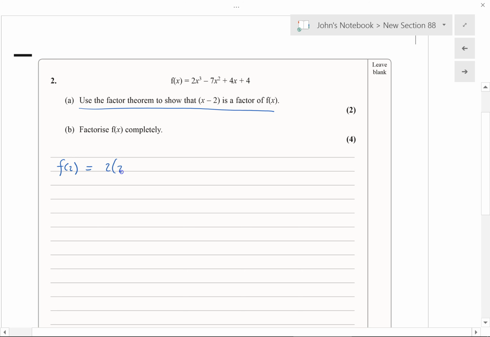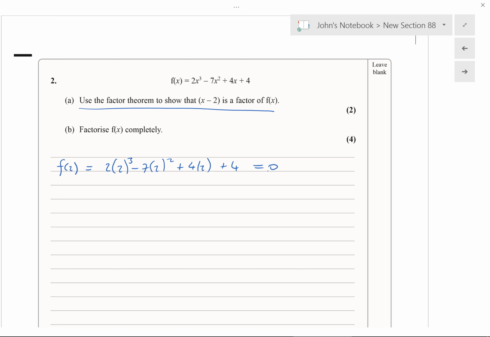So that's 2 times 2 cubed minus 7 times 2 squared plus 4 times 2 plus 4. We know it's going to be equal to 0, but you would probably want to check that it is equal to 0.